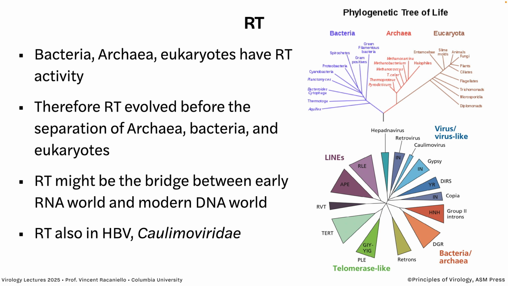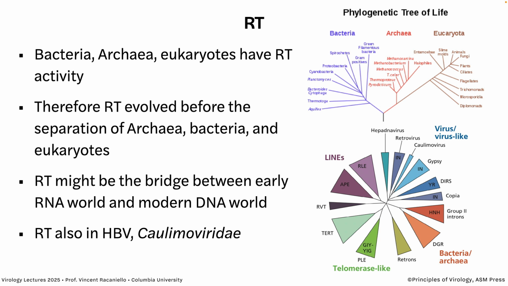So this is the idea that RNA is really ancient, and it was the bridge that created the modern DNA world. So here, the RT is also found in 2 other viruses, hepatitis B virus and Caulimoviridae. These are viruses of cauliflowers. And next time you eat a cauliflower, you can think that it has RT in it, but it's not a problem. I mean, you're full of RT. So here on the right is a circular phylogenetic tree of reverse transcriptases. And so here we have viral reverse transcriptases. The cauliflower, the retrovirus, Hepadnaviruses.